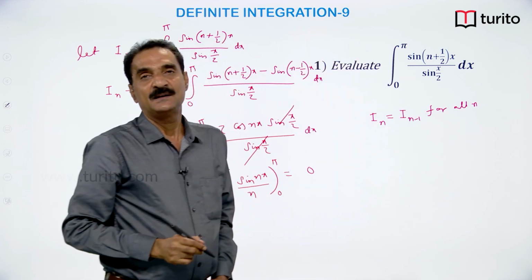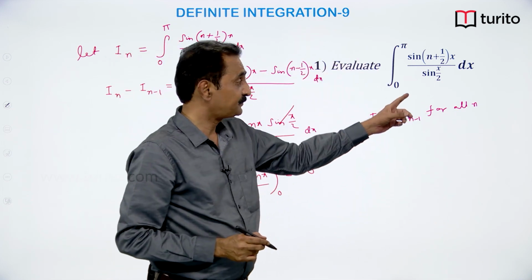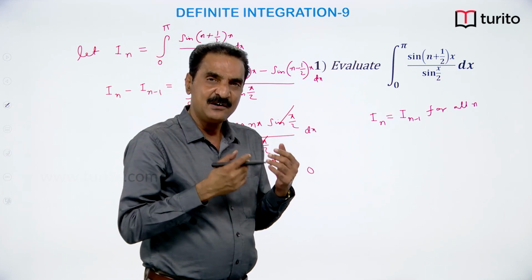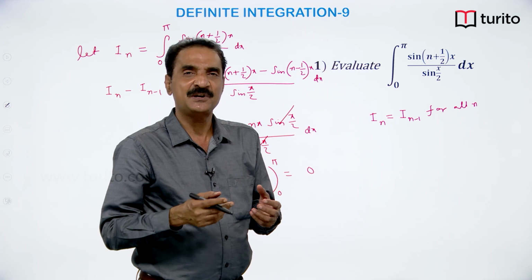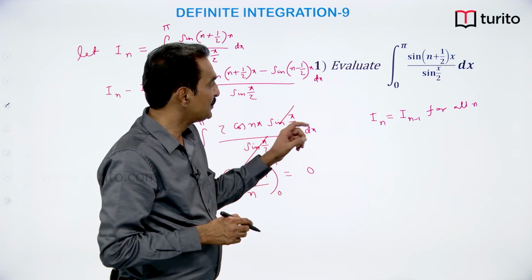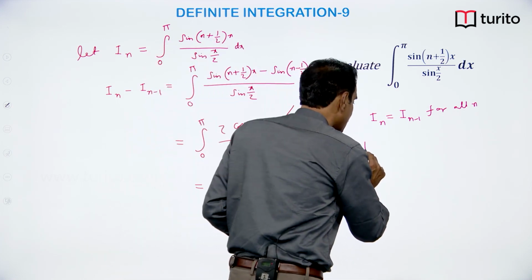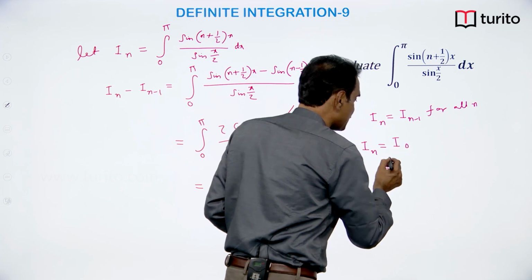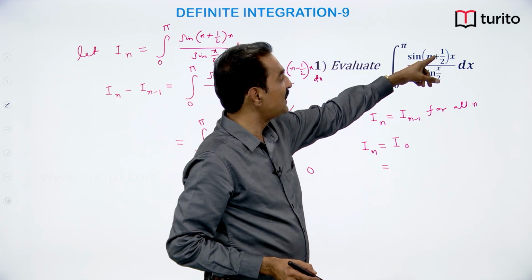Here, if In is equal to In minus 1 for all n, then I naught is equal to I1 is equal to I2, every I is the same. So, to get the value, I will write In is equal to I0. Putting n is equal to 0, what happens?